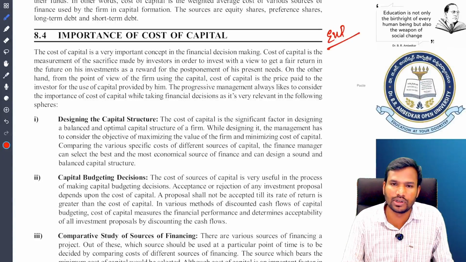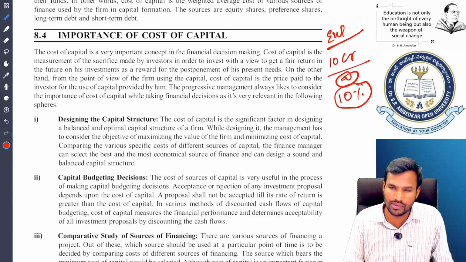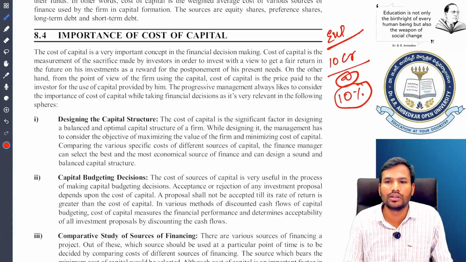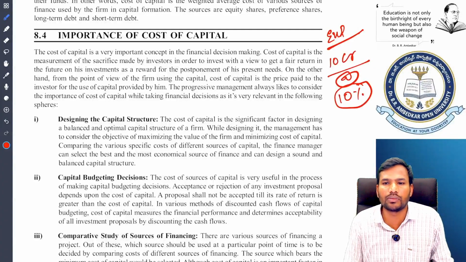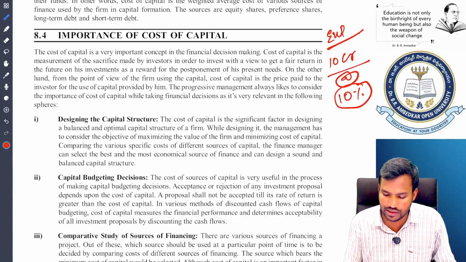Suppose the company is investing 10 crores, and the rate of cost of capital is 10%, which means the company should get a minimum of 10%. If the company is unable to get the minimum 10%, it is not possible to continue in the business. They should get more than 10, but should not go below 10.